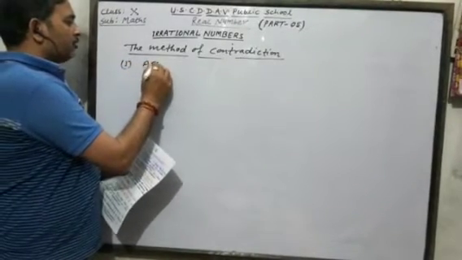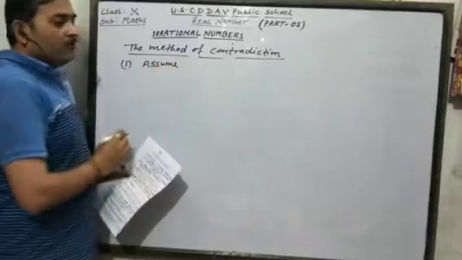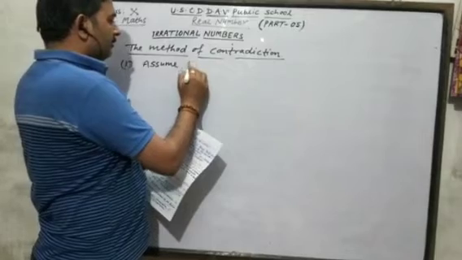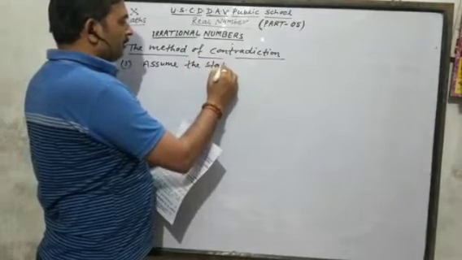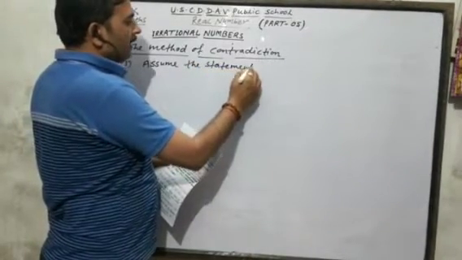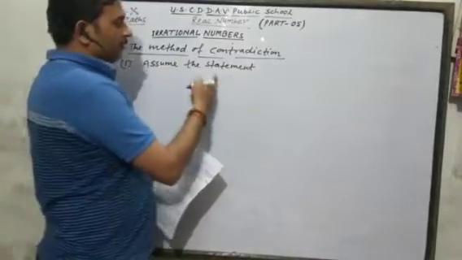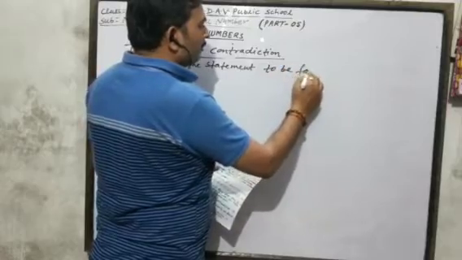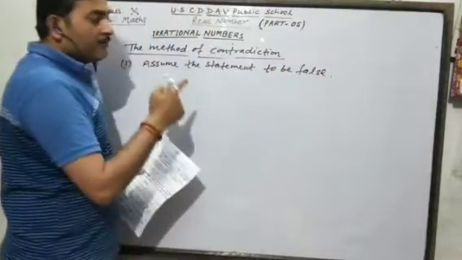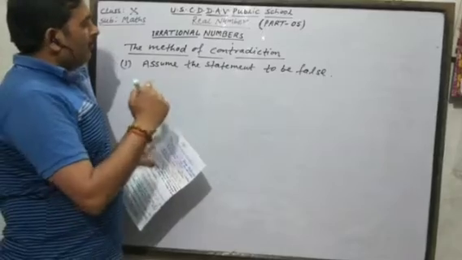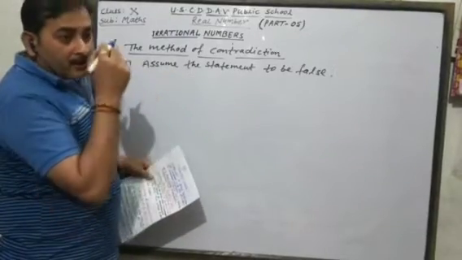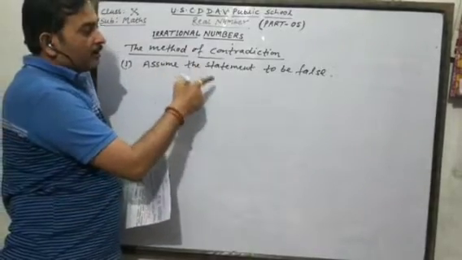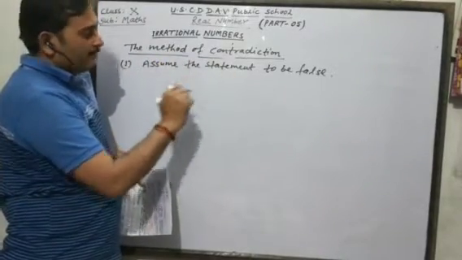First, assume, which means suppose the statement that has to be proved to be false. Which statement? The statement which is to be proved. Suppose we have to prove that root 2 is irrational. Then we will assume that the given statement is false.